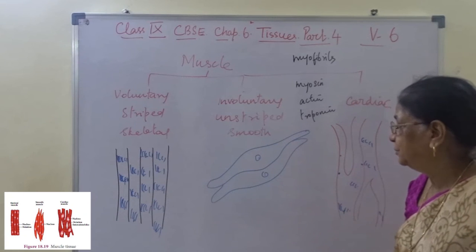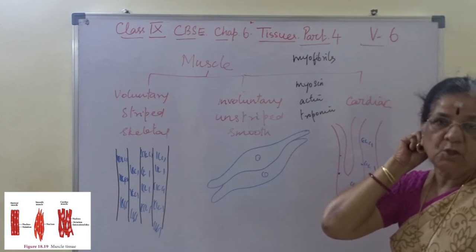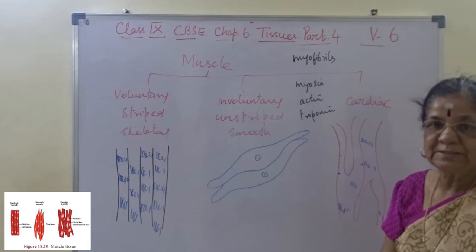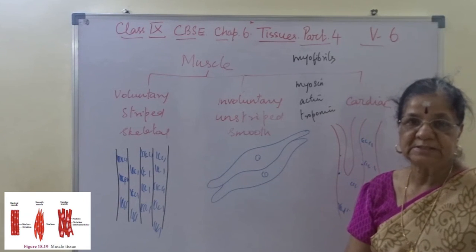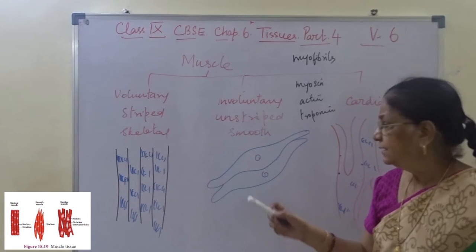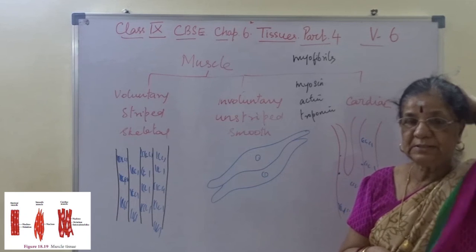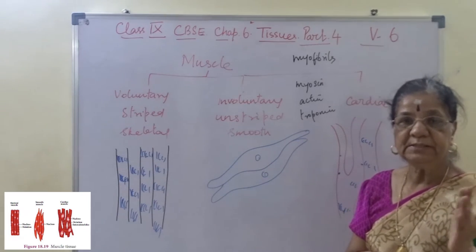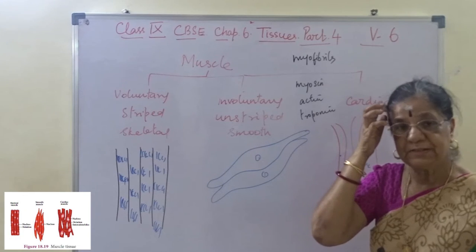Whereas involuntary muscle is also called smooth muscle or unstriped muscle. It has a spindle shaped structure, numerous spindle shaped cells, and each spindle cell has a single nucleus. Almost all internal organs are lined by or formed of smooth muscle.